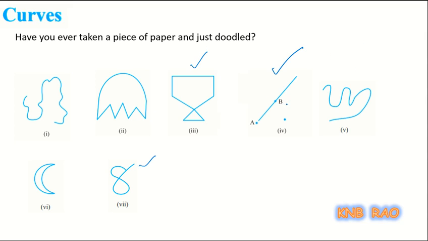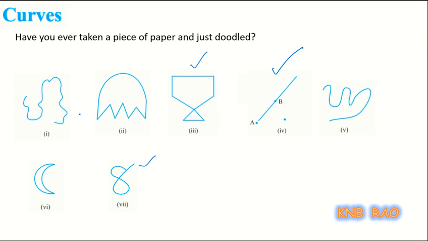In this fourth one also it is not crossing, but it is a straight, and in the sixth one also it is not crossing, just meeting, but here it is crossing. Here in this seventh one also it is crossing.